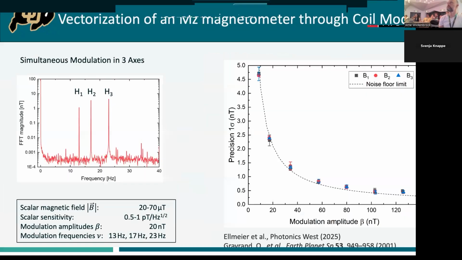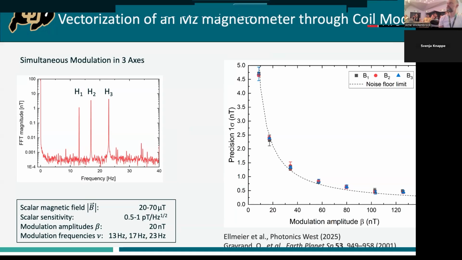And then I need to vectorize it. What we do is apply modulation fields simultaneously in 3 directions, and then we get 3 peaks from these 3 modulation fields. If we measure the height of these peaks, we get the components of the magnetic field in those directions.